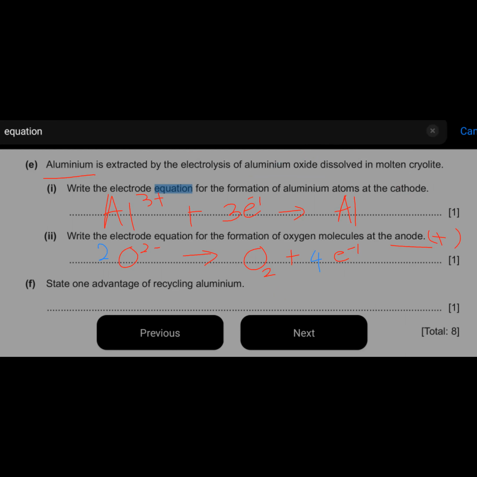When you write half equations, children, always write for the electrode equation, for what happens at the electrode. Even if they don't say that, sometimes you have to memorize it. But here they are mentioning atoms, so make it for the molecule. Here they say oxygen molecules. The statement says that. Right, next one.